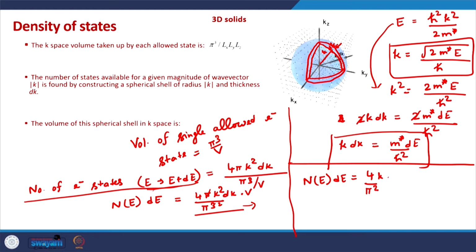This k square dk can be written as k times k dk times V. So, this k value is just square root of 2 m star E divided by h bar, and k dk is m star dE divided by h bar square, times volume.